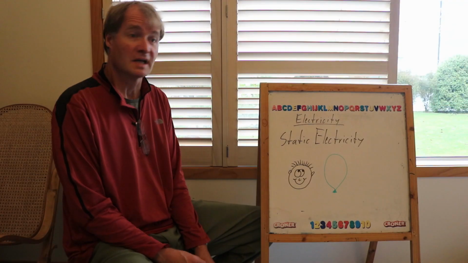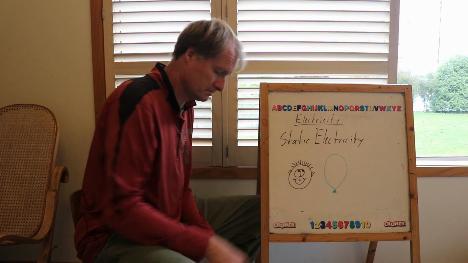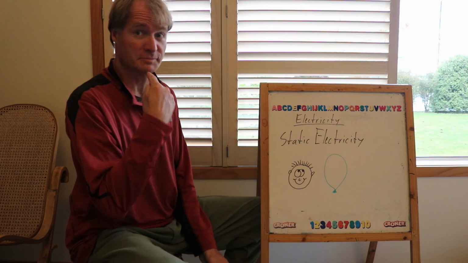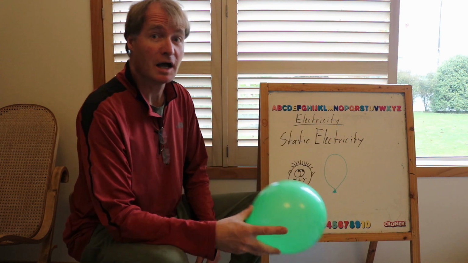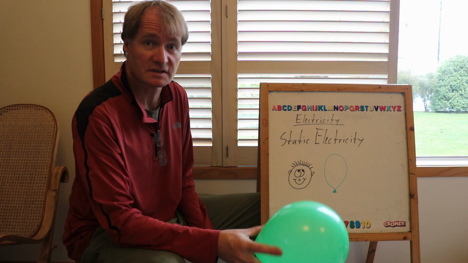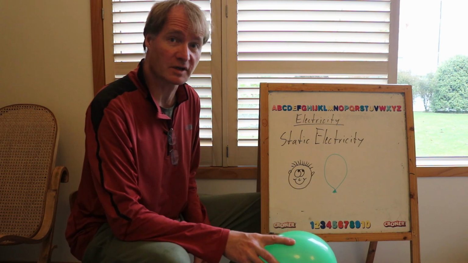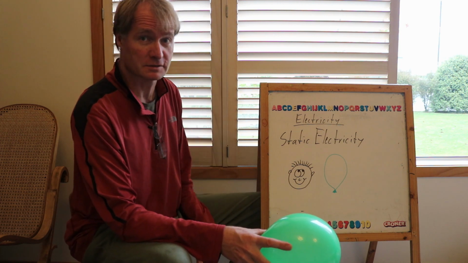Okay? Cool. So let's talk static electricity. This is a balloon. This is me. Now, if you want to generate static electricity, you need to rub two insulators together. I'm not really an insulator, but my hair is.